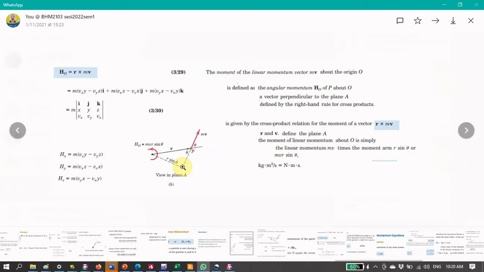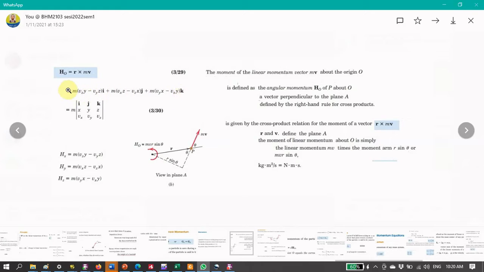Next is the definition of how we can evaluate the cross product. We can write it in two forms, right? The first one is with that expression: mass times the velocity in the z direction times the position vector in the y direction, and so on.